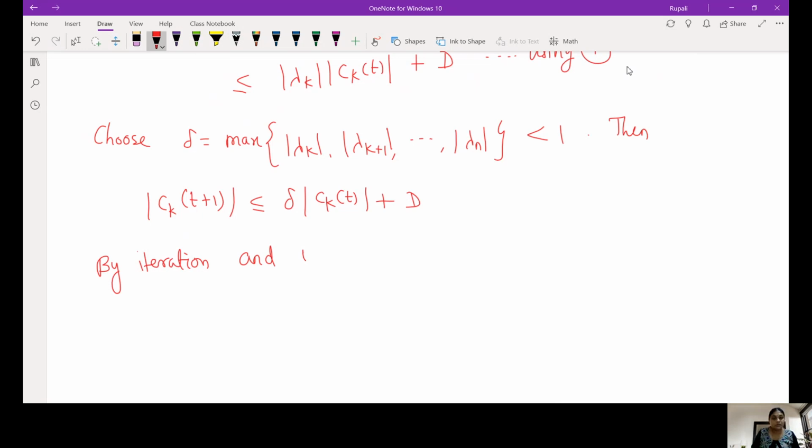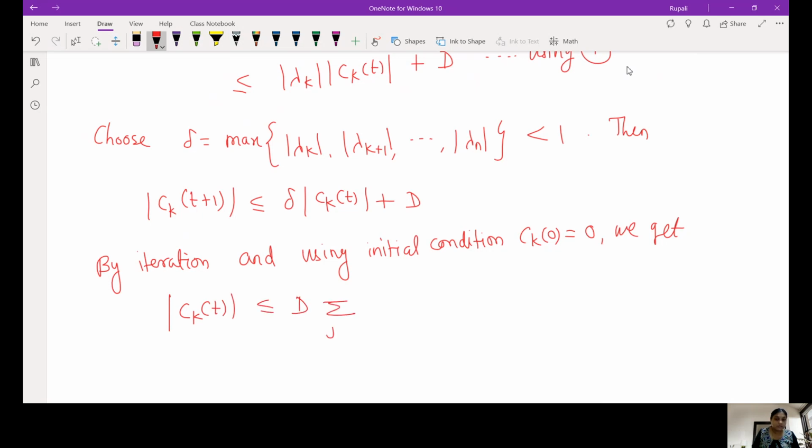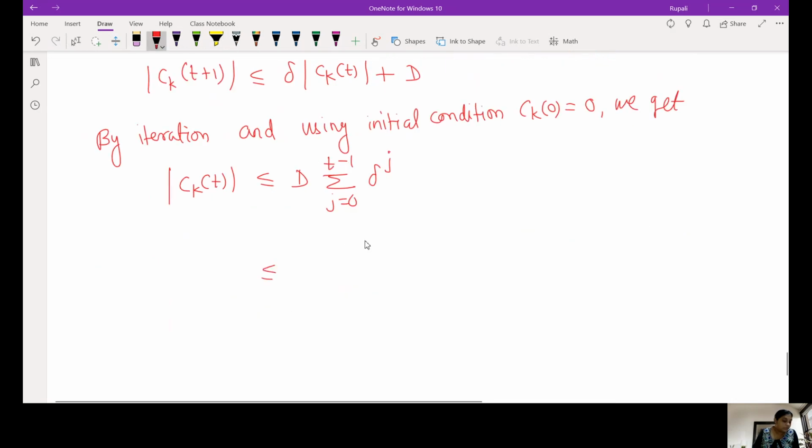By iteration and using the initial condition, what is the initial condition? Ck(0) = 0. We get, as in the previous theorem, |Ck(t)| is less than or equal to d times the summation j = 0 to t minus 1 of delta^j, which is less than or equal to d over 1 minus delta for t greater than or equal to 0.